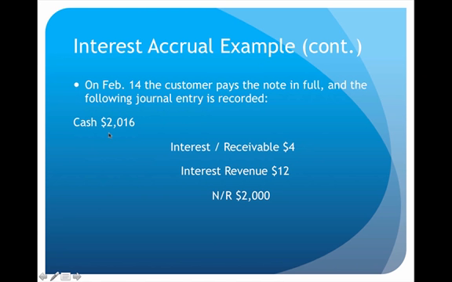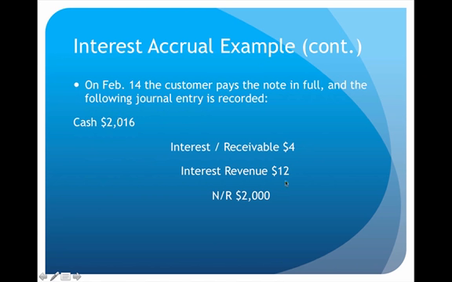It is the $2,000 principal times 5% times the entire 60-day time span. So that means the total interest is $16. So when I receive the cash, it is a debit of $2,016. But on the credit side, when I credit the receivable to show that it has been settled, it's only $2,000, and I have a $16 difference.